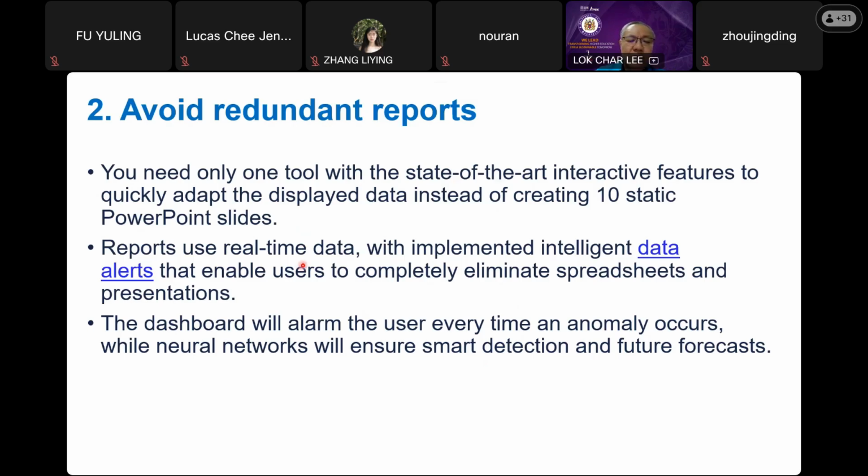So reports use real-time data with implemented intelligent data alerts that enable users to completely eliminate spreadsheets and the presentation. And the dashboard will alarm the user every time an anomaly occurs, while neural networks will ensure smart detection and future forecasts.